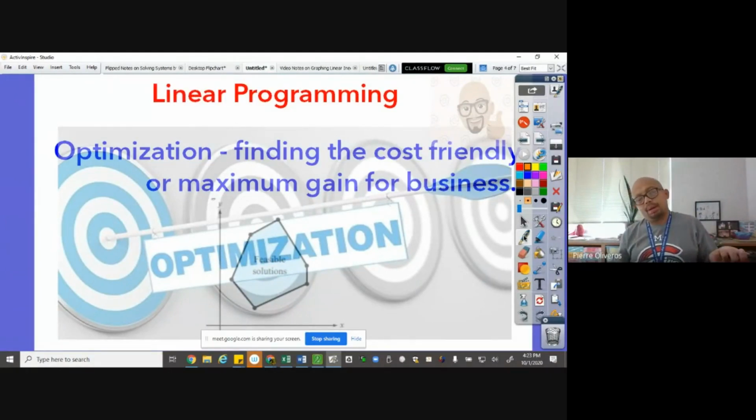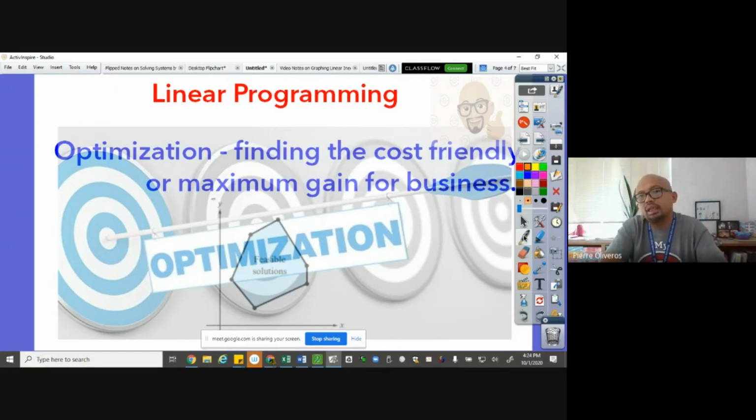Have you ever thought about how businesses make decisions for their companies, and how they gain the maximum profit, limit their expenses, or maximize their resources? That's called optimization.